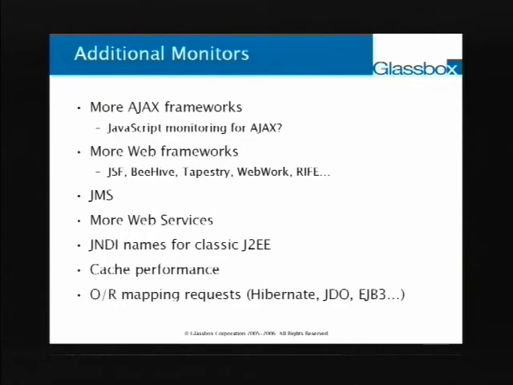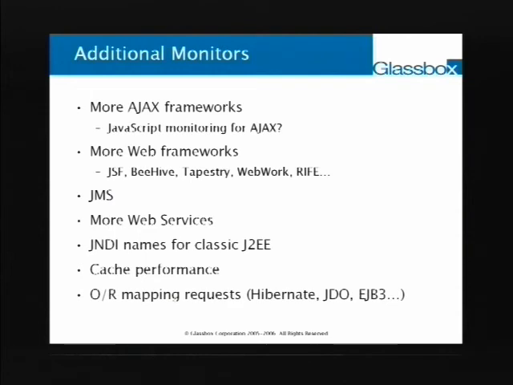And then, of course, there's lots of different technologies that would be good to add more monitoring for. So more monitoring of Ajax frameworks is high on the list. There's a lot of web frameworks, and it's relatively easy to extend them. More monitoring of caching, more monitoring of JNDI and OR mapping. So there's lots of additional pieces to monitor.